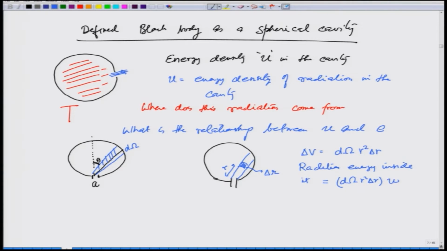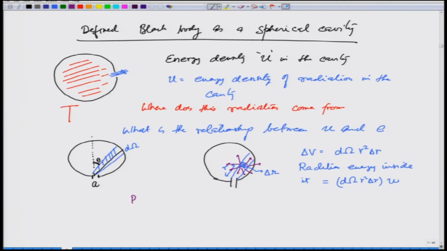That is the radiation energy inside it, and this radiation is going all around because it is isotropic. So, this radiation is going all around from this volume into the solid angle all around.